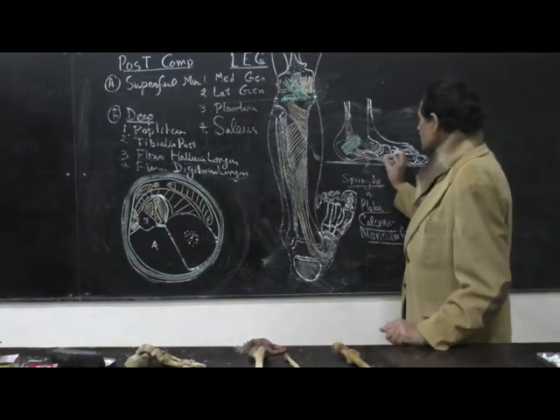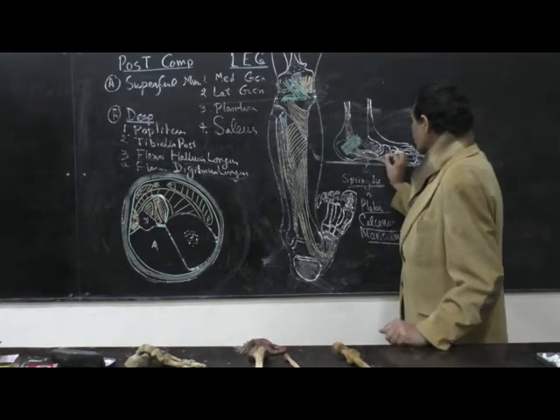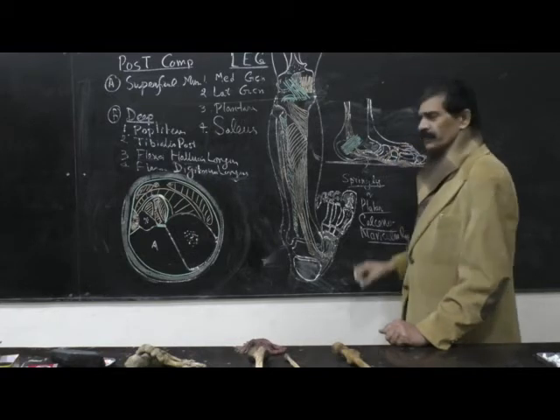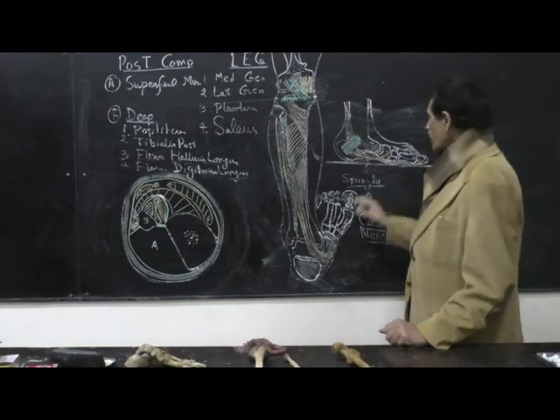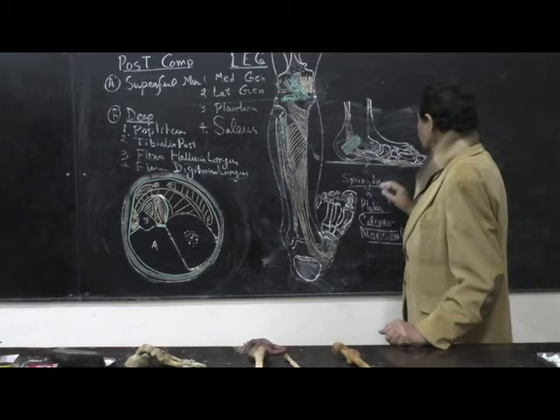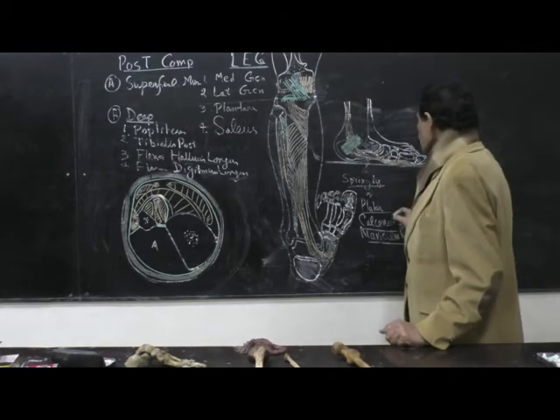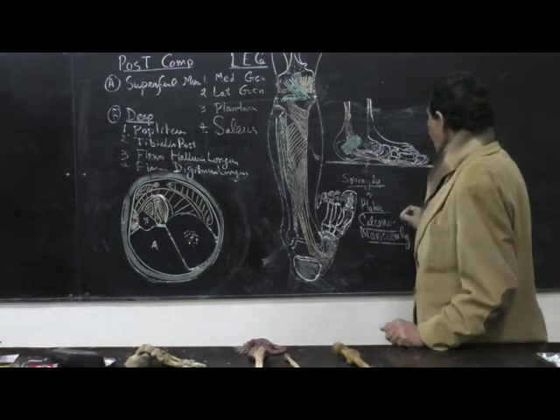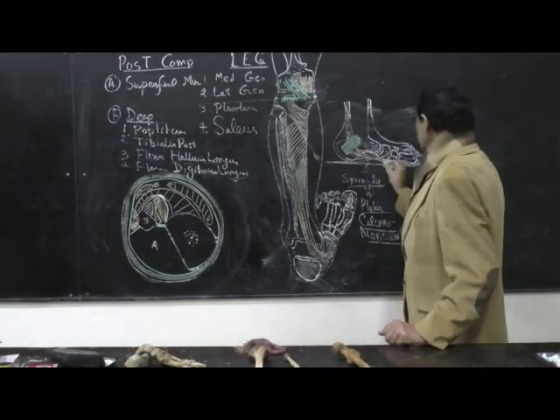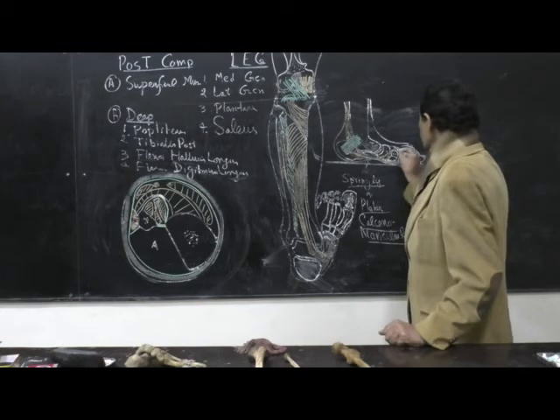Because of this, the tendon of the flexor digitorum longus changes direction and goes forward and laterally below the navicular and cuneiform bones. Here it divides into 4 slips.